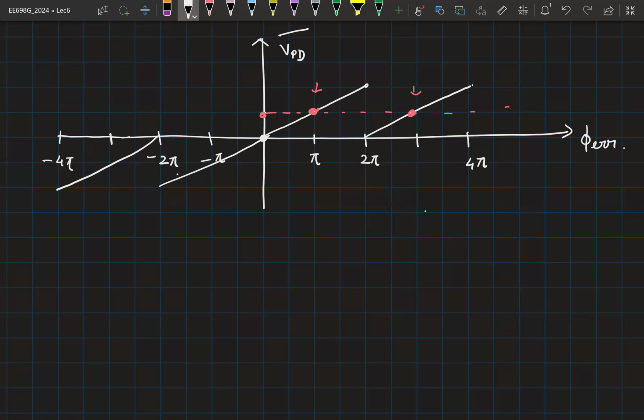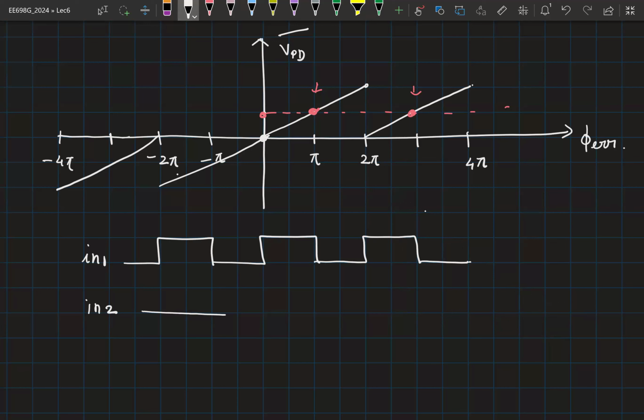So now the question that Kevin asked, so let me sketch the plot. Can you tell me the scenario where you expect this to happen? Let's say in1 is like this. How do you want your in2 to be? On the very close to 2 pi phase difference.